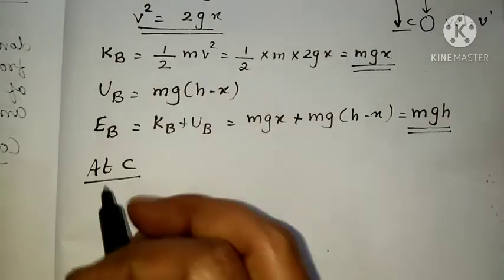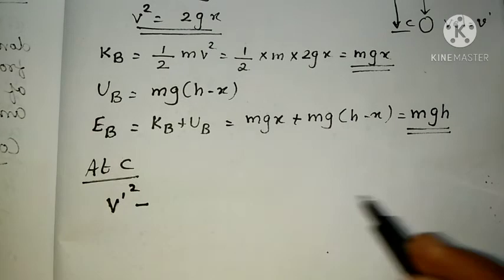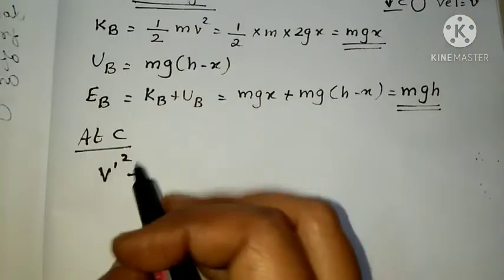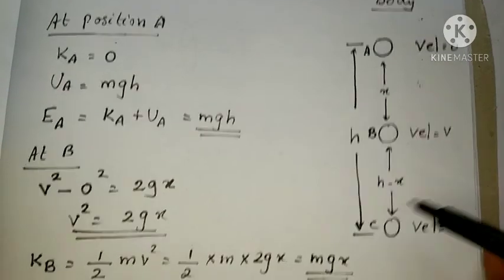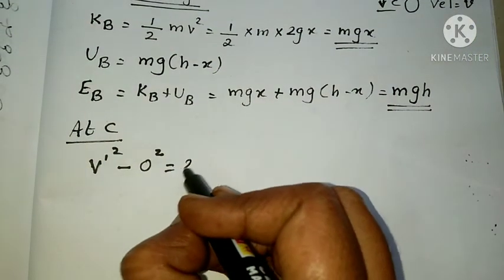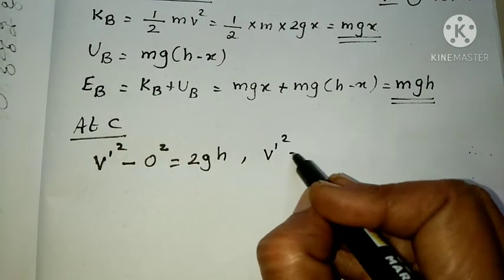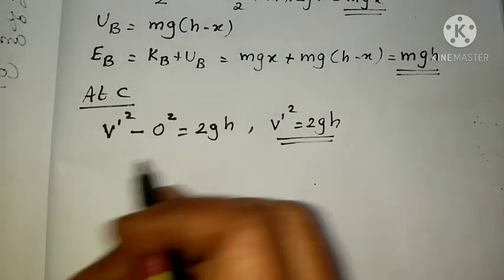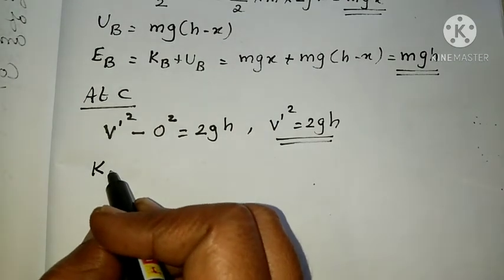That is v dash. What is the initial velocity traveling from point A? It is 0. So v dash square minus 0 square equal to 2g, moving through a distance h. So we can write 2gh. Clear? Therefore, v dash square equal to 2gh.